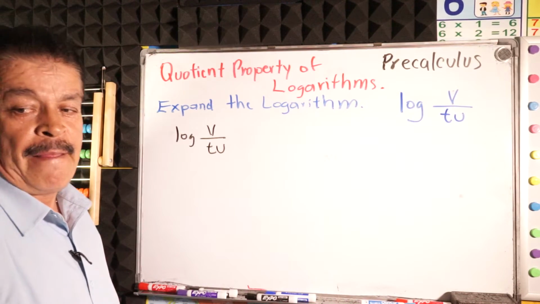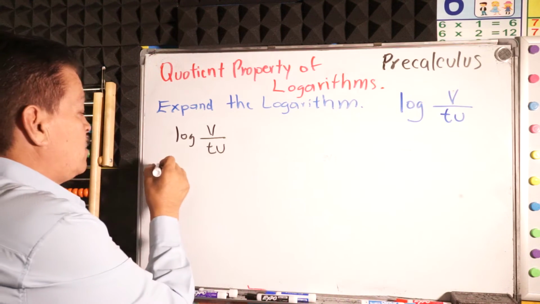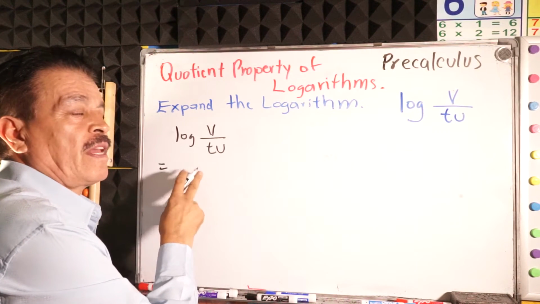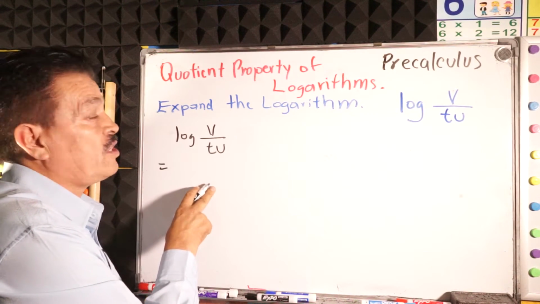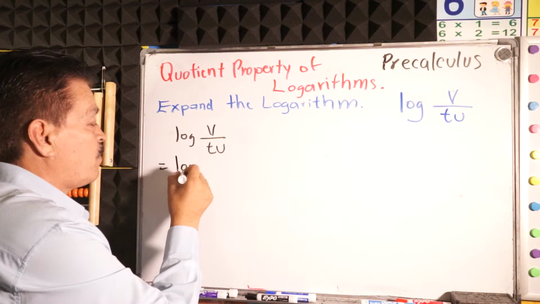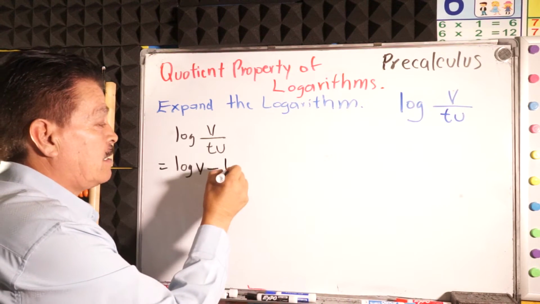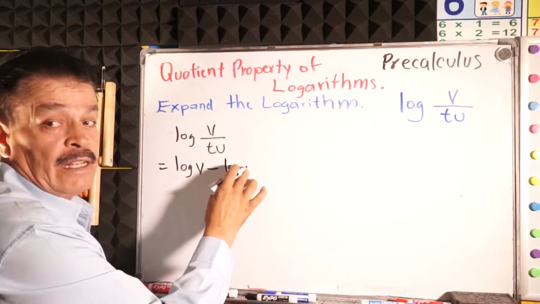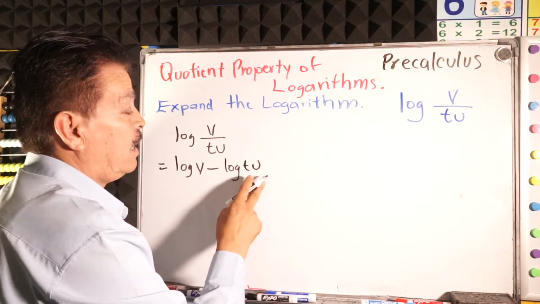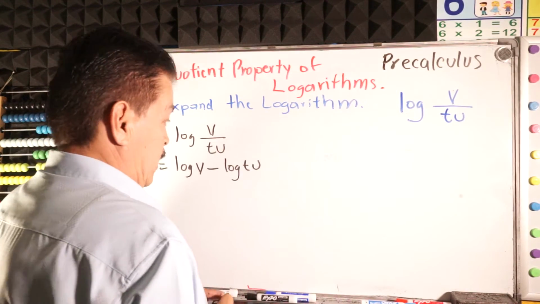Then the next step, this will equal, remember the quotient property, we have to apply it here. First step, log b minus log tu. Here we are applying the quotient property.